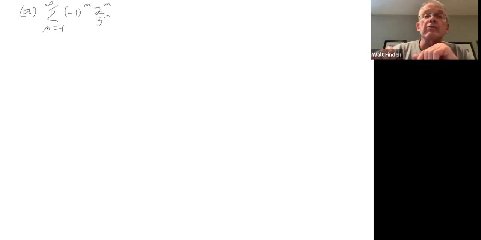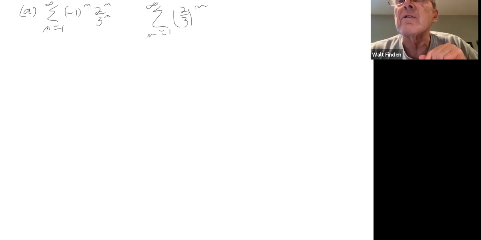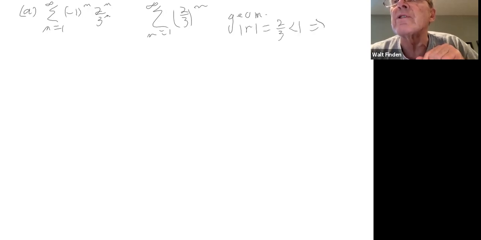And if I strip the minus signs and try to do this problem, we're looking at this series, summation n equals 1 to infinity, and we get (2/3)^n. That's a geometric series. We have r, absolute value of r, equal to 2/3. That's less than 1. That implies convergence.